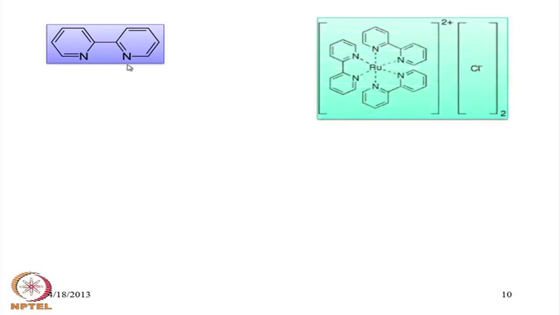But if we go for the bipyridine ligand using two pyridine units in the cis position, this is a very good bidentate ligand like ethylenediamine, and it has a rigid backbone, the pyridine type of backbone.